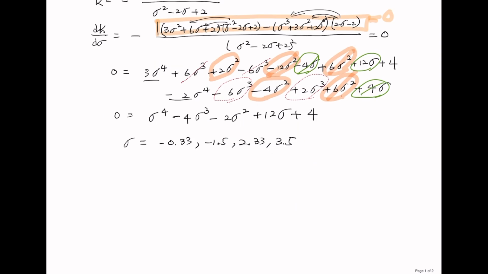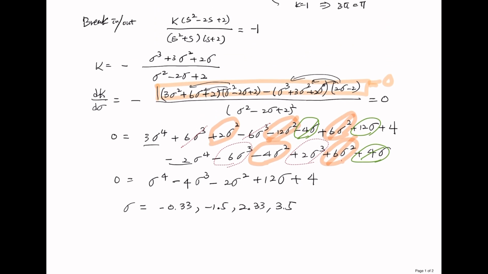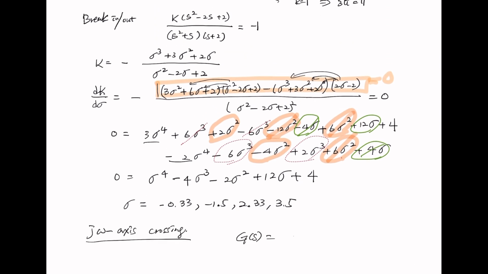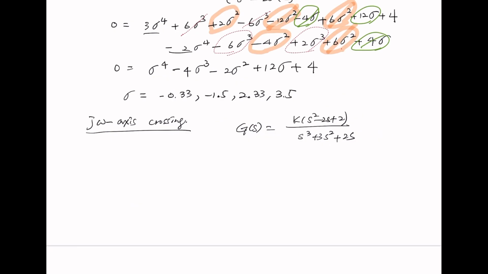Next, we want to find the j omega axis crossing. G(s) is given as k times (s squared minus 2s plus 2) over (s cubed plus 3s squared plus 2s). This is the transfer function with unity feedback. Now we need to take care of the unity feedback so that we can have T(s). The numerator is the same, ks squared minus 2ks plus 2k.